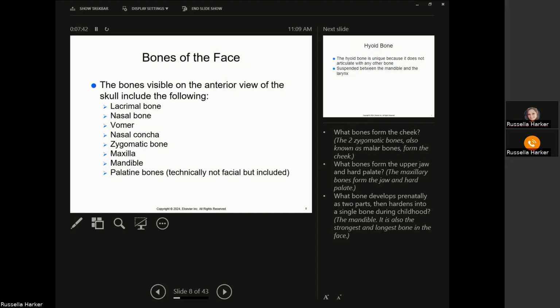The mandible forms the lower jaw. Now, the mandible is the only movable bone of the skull, and you need to know that. So everything else is stationary except the mandible, which can move. It's U-shaped and is the strongest and longest bone in the face. It develops prenatally as two parts. In early childhood, however, it ossifies, or hardens, into one single bone.